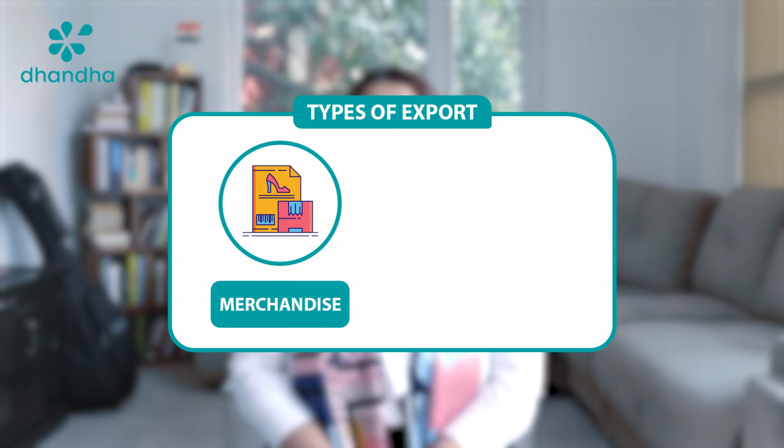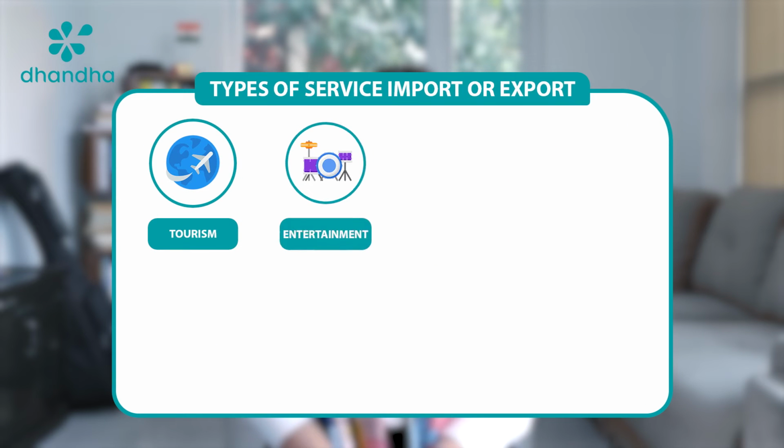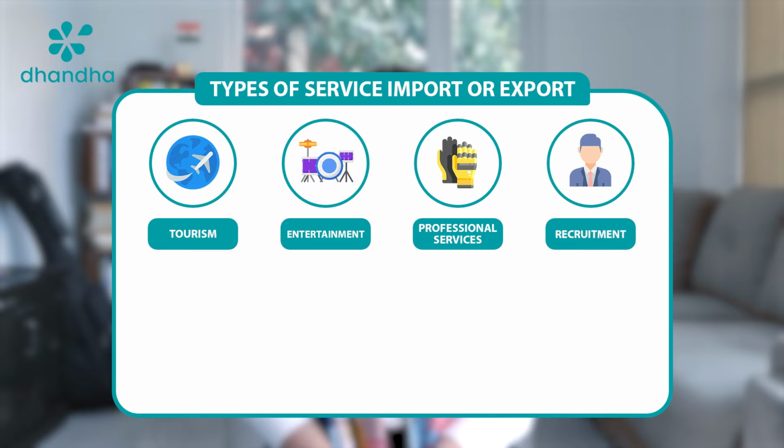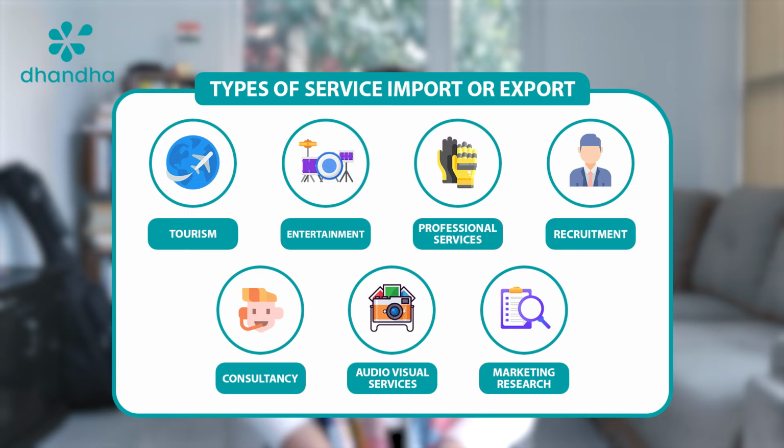The scope of international business may range from merchandise exports and imports to service exports and imports such as tourism, entertainment, recreation services or professional services, recruitment, consultees, audiovisual services, marketing, research, etc. This can also go from licensing and franchising to foreign investments.